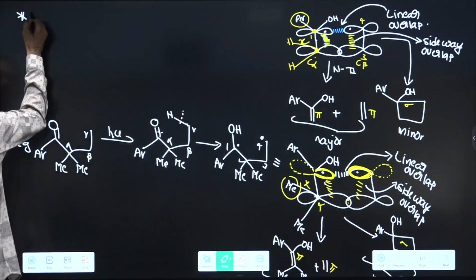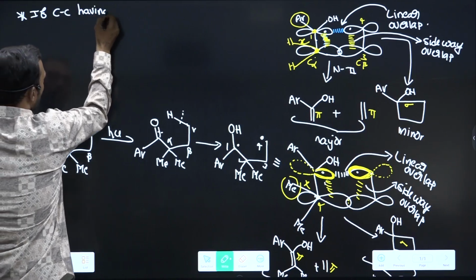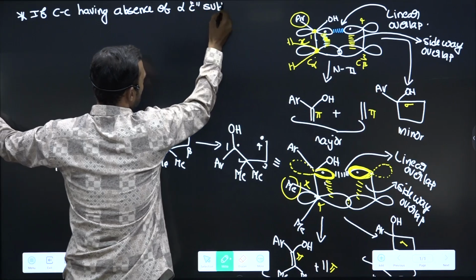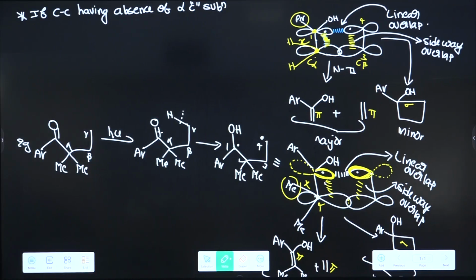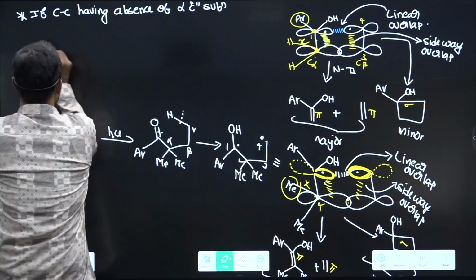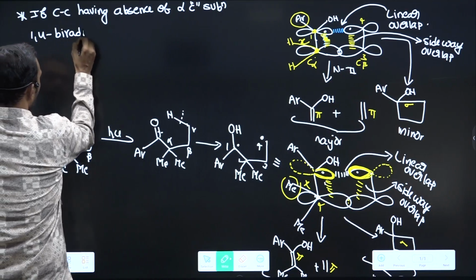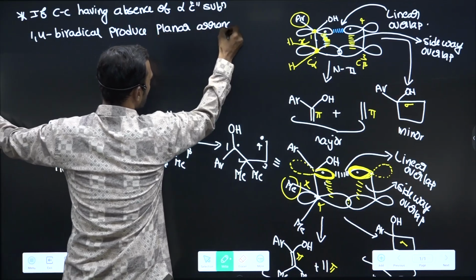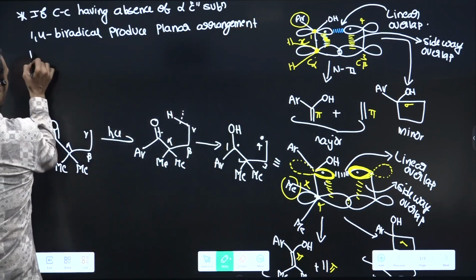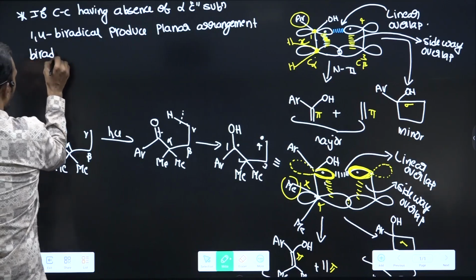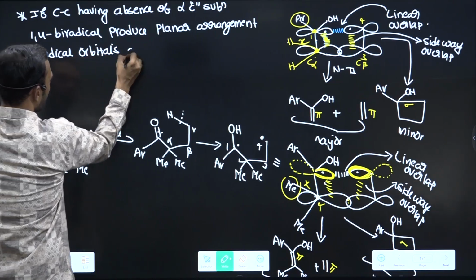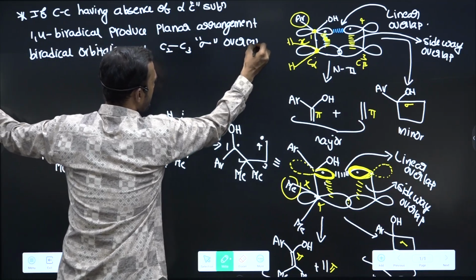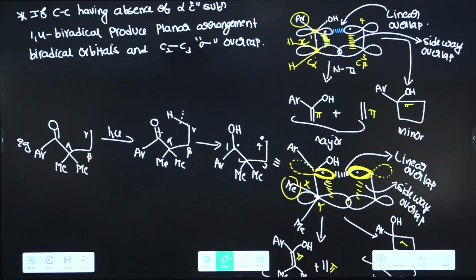Right. Here write one point. See, if carbonyl compounds have an absence of alpha carbon substitutions, the 1,4-biradical produces a planar arrangement of biradical orbitals and C2-C3 sigma overlap.